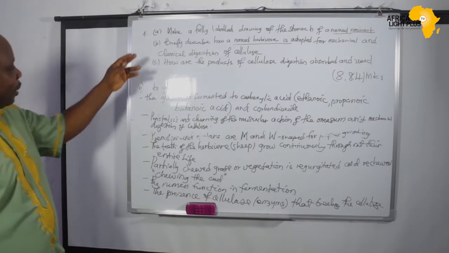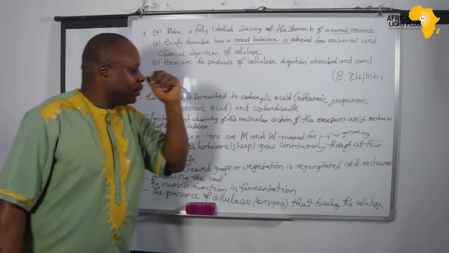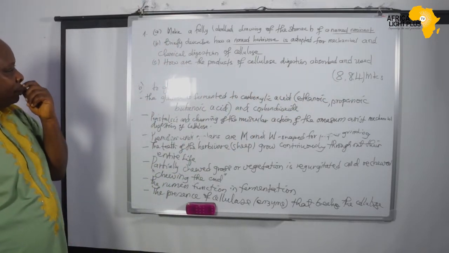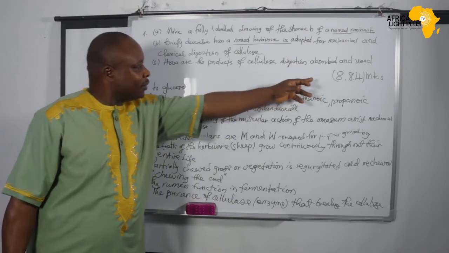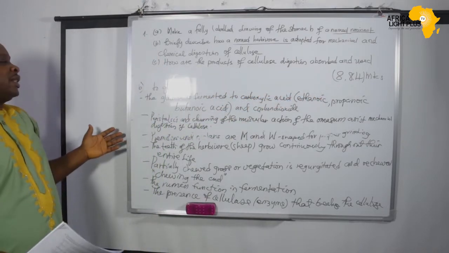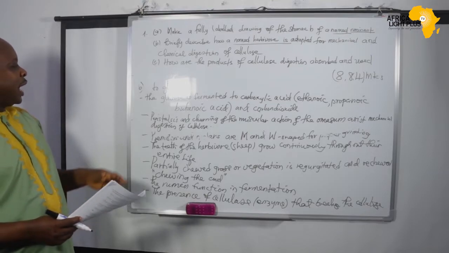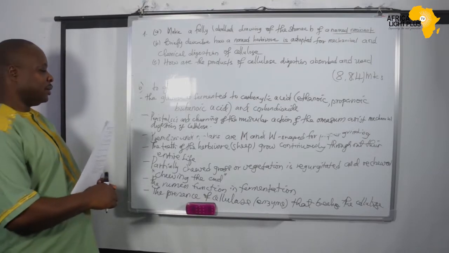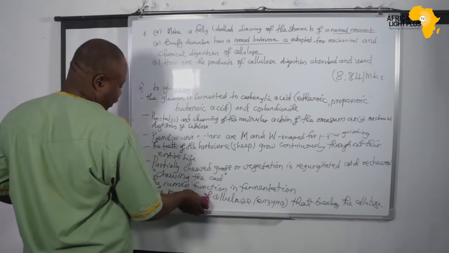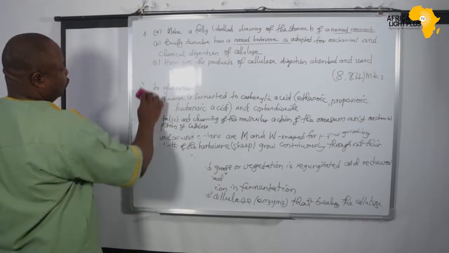For instance, B says 8 marks, so we are going to list at least 8 points, and we've listed more than 8. So we've exhausted B. We move to part C.